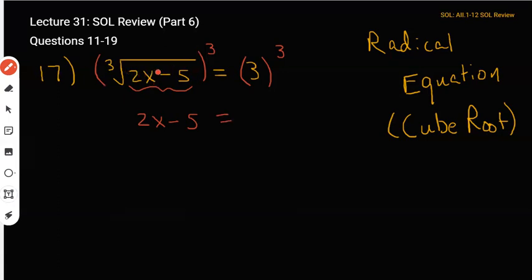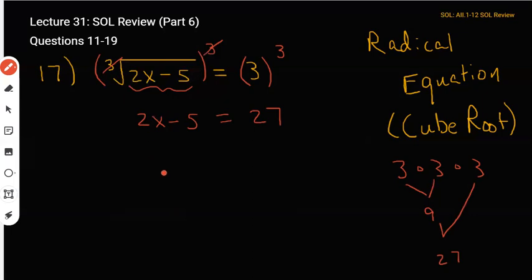I have 2x minus 5 on the inside, the cube root, and then the 3 as an exponent. They actually cancel each other out. But then what's going to be on the other side? What's 3 cubed? 27. Good. So that would just be 3 times 3 times 3. So I get 27 on the other side.